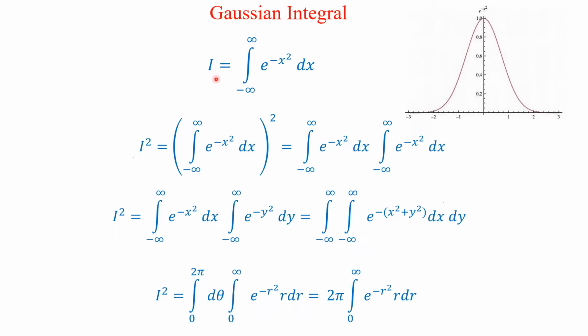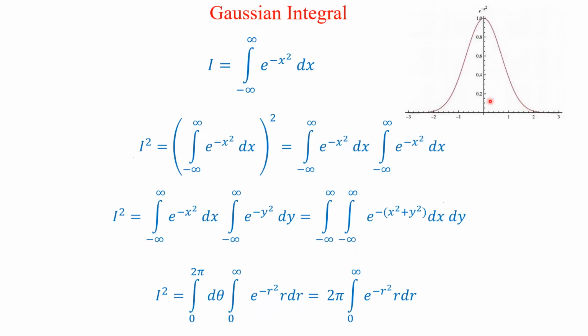Now our aim is to solve the Gaussian integral. Let I equal the integral from minus infinity to plus infinity of e to the power minus x squared dx. This is a Gaussian function. You know the Gaussian distribution looks like this.